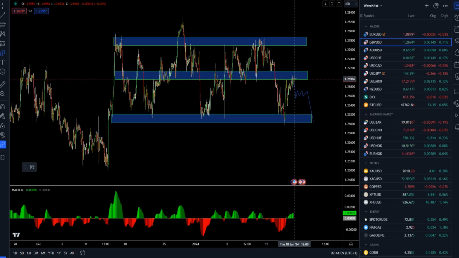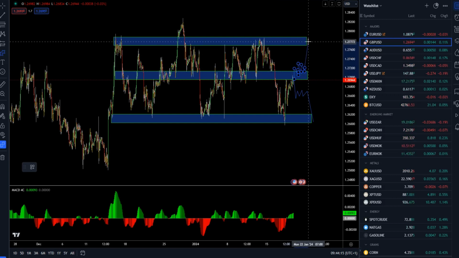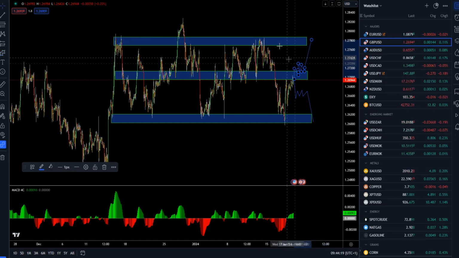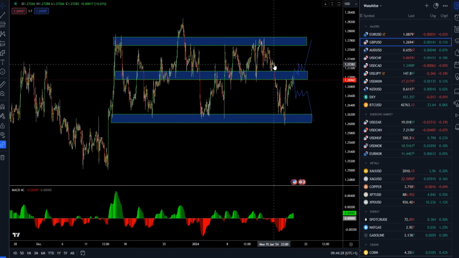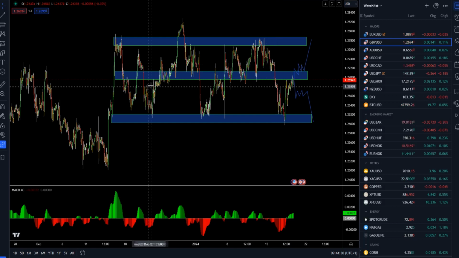Another potential scenario is that market can trade and hold above this 1.2700, hold above for potential retest of the resistance around 1.2785. So this will be a decision level and intraday resistance for the British pound versus US dollar. Again, this currency pair is in multi-week horizontal consolidation.